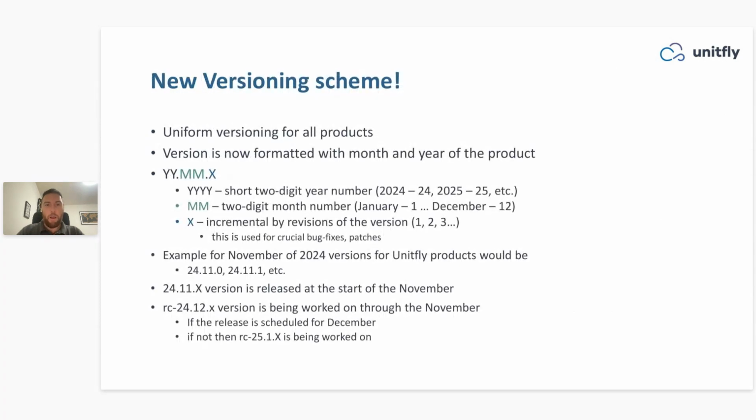I'll start with an introduction to our new versioning scheme. We are aligning with M-Files. Our next release will be named per year, per month, and then the last digit is the bug fix.